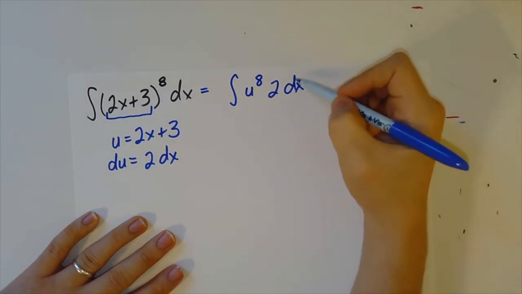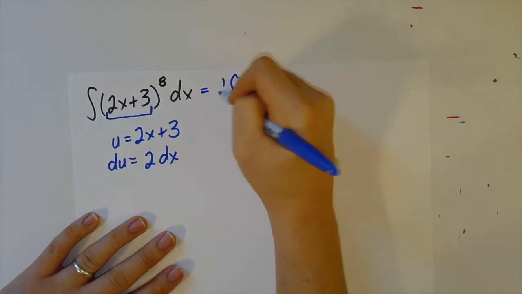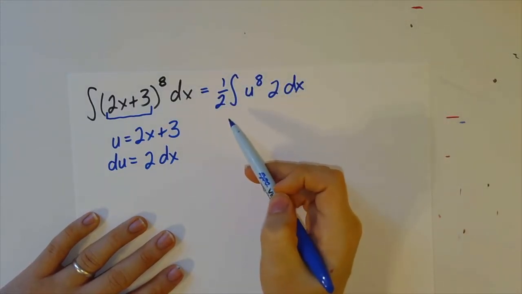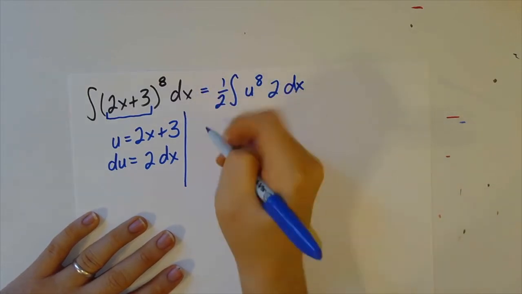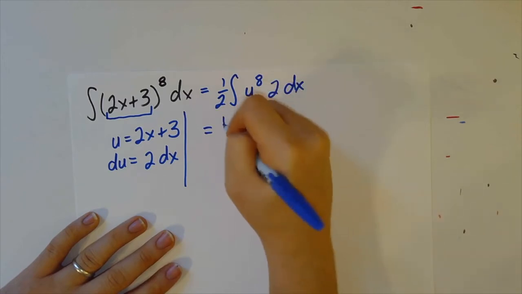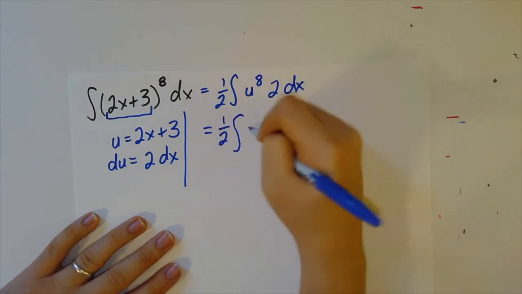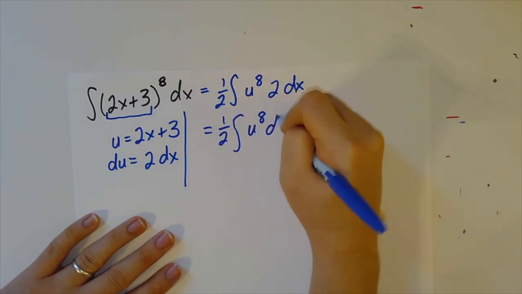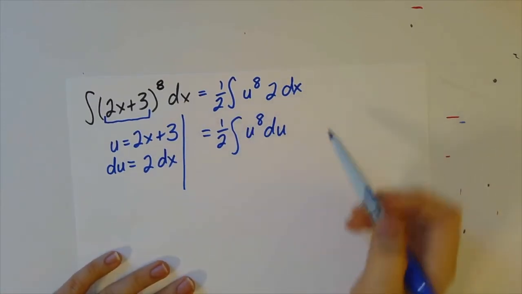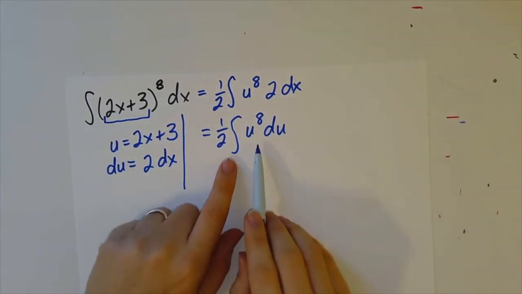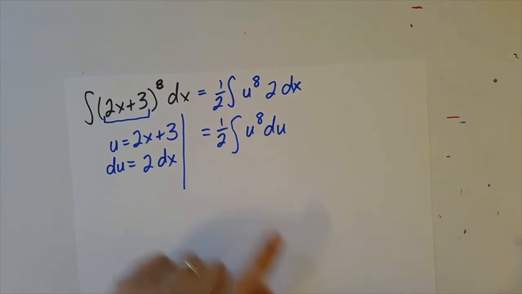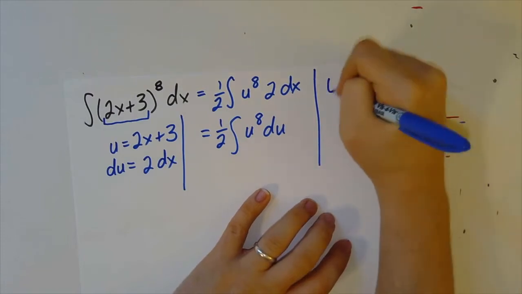But remember, I have to pay for this 2 by putting a 1/2 out front. So then this is 1/2 of the integral of u to the 8th du. Note that only at this point have I gotten rid of all of the x's.